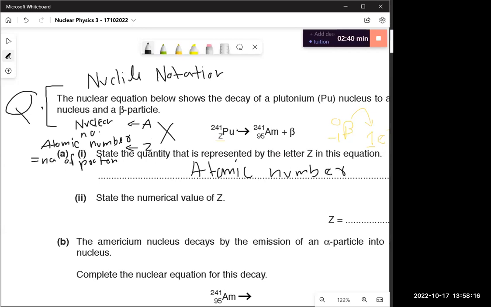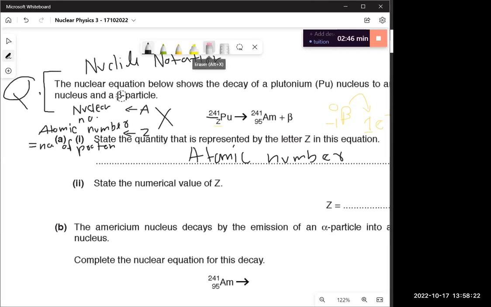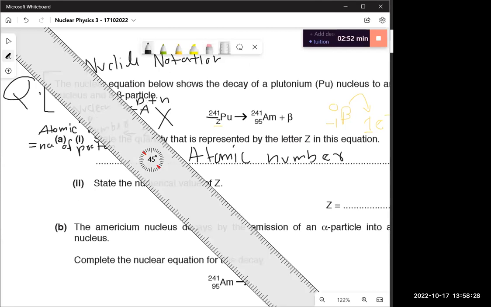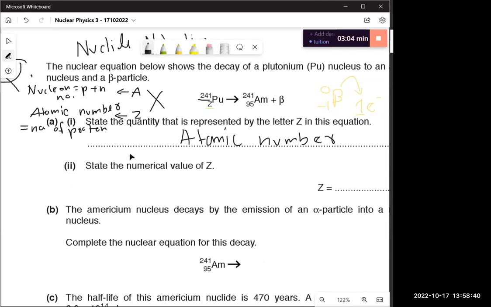If they asked us what is this 241 here, we would say the nucleon number, which is equal to proton plus neutron.